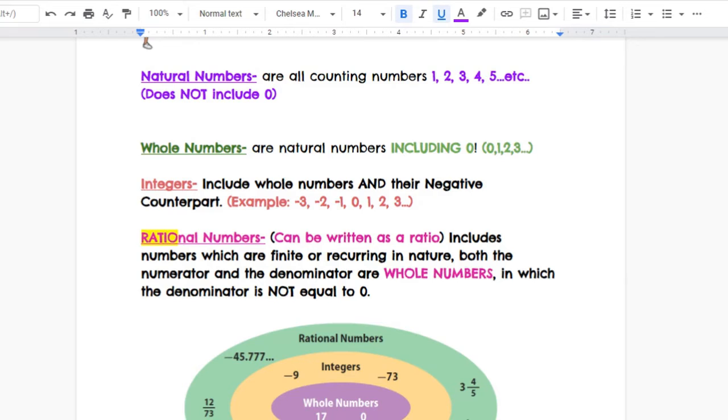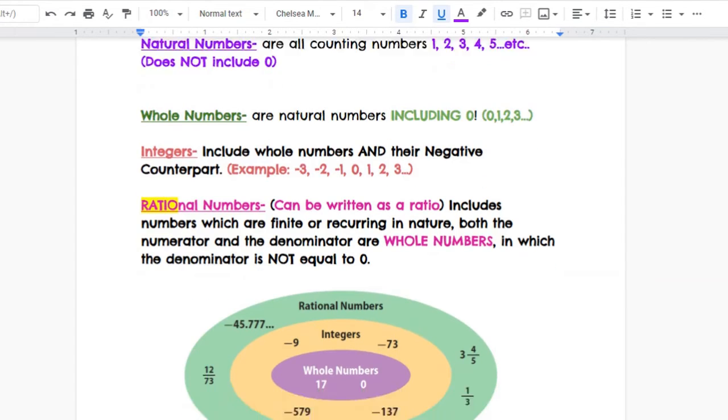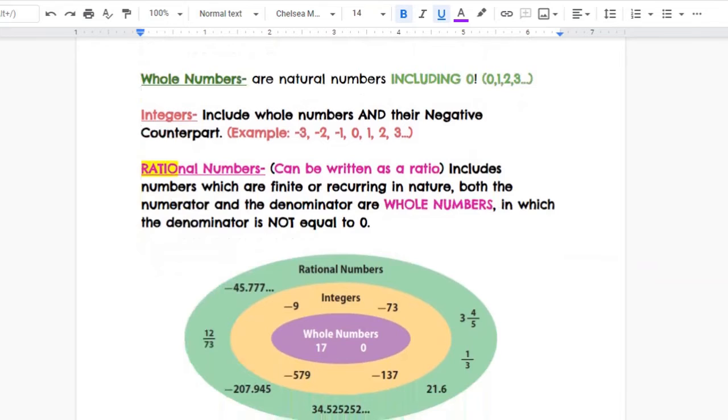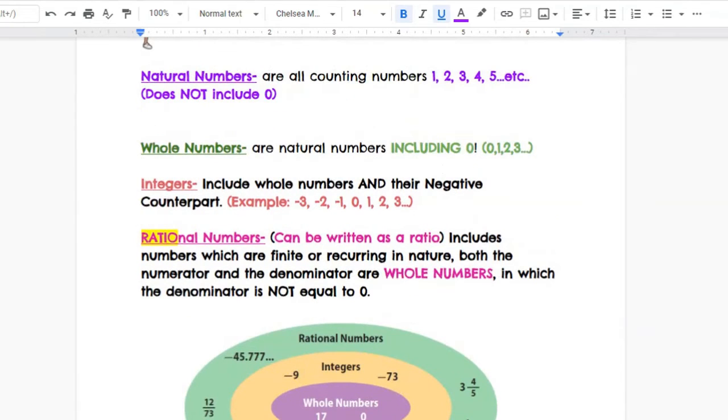Okay, so natural numbers are 1 and up. They go on forever. Whole numbers are natural numbers, but they include the number 0. So whole numbers is just natural numbers with a 0. So basically, if you see right here, 0, 1, 2, 3.